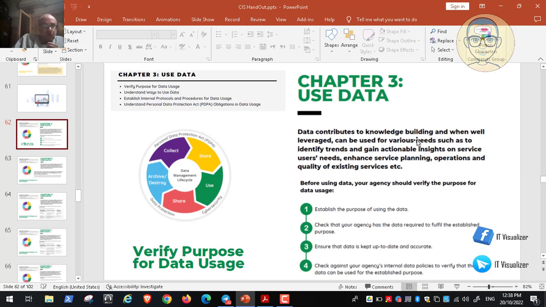For example, when I collect data on how many users need a certain product, this is collecting the data, and then I will use it to manufacture a certain amount of this product.